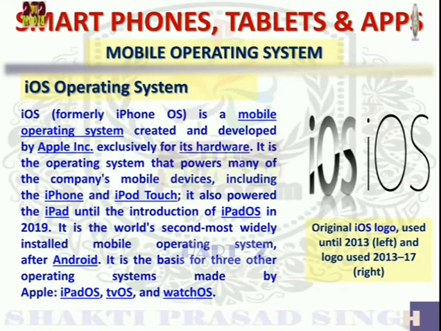Afterwards, they made their OS for iPad, for TV, and for watch, named iPad OS for iPad, tvOS for TV, and watchOS for the watch, for Apple Incorporation built mobiles.